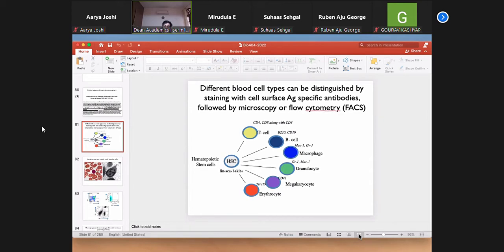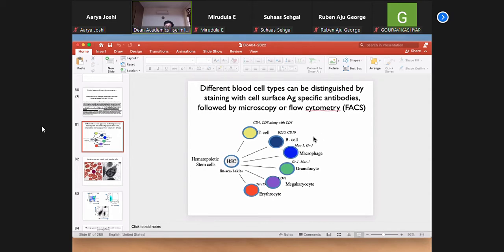The cells which express CD3 and CD8 are cytotoxic T cells. The cells which express CD3 and CD4 are called helper cells, right? And they develop in the thymus.